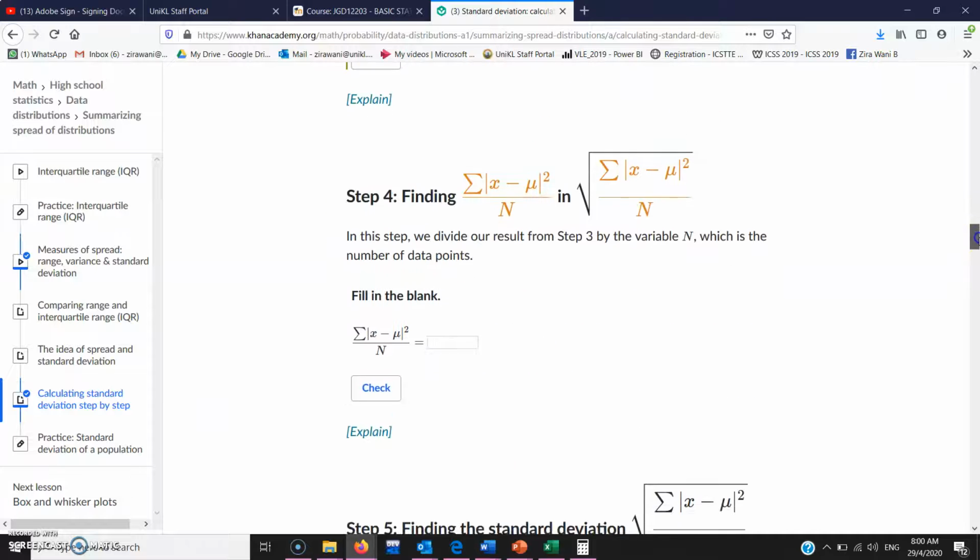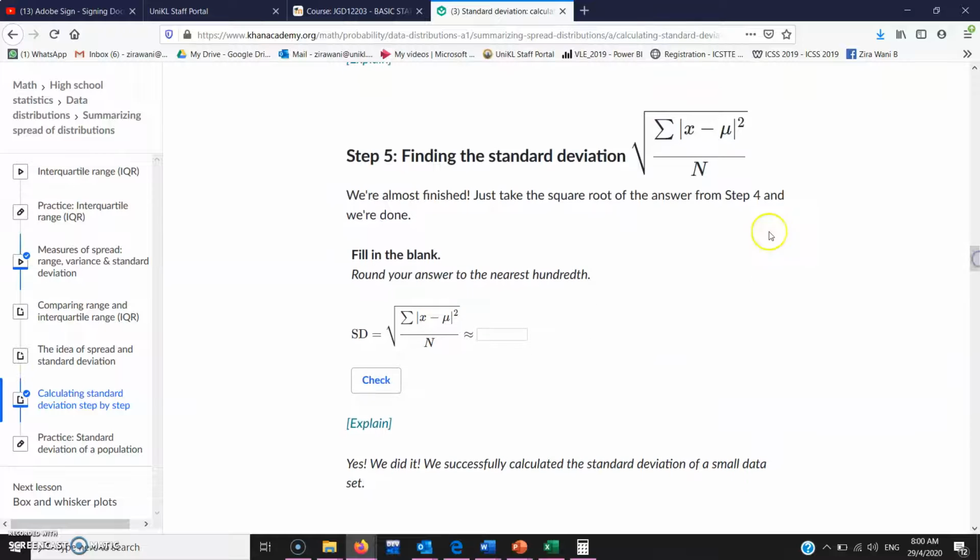Then step number 4 is we divide by n. Then we get 3.5, which is 14 divided by 4. Then the last step is we find the standard deviation: we take the square root of 3.5.